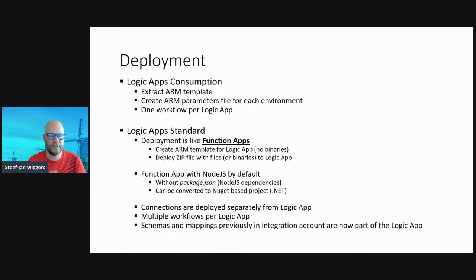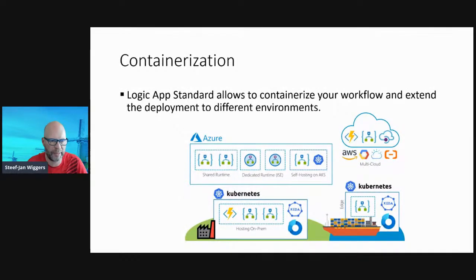And the other thing is that it also includes the schemas and mappings, which previously, with consumption, was in an integration account. So you get a little bit more package centralized way of deploying one or multiple workflows to multiple environments if necessary. So that's one thing. So you get your deployment, you get your experiment, you get your connections and such. So it's all a little bit more, I would say, fragmented.